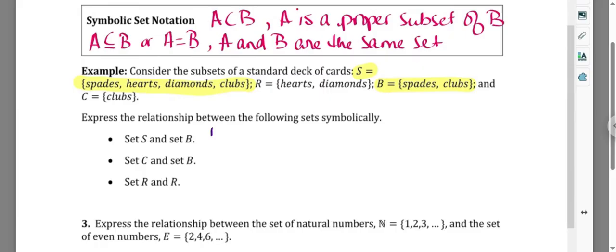So then B would be a proper subset of S. So that's what that represents symbolically. Set B is a proper subset of S. See what you can do with the next two.